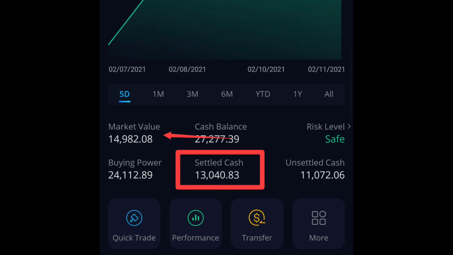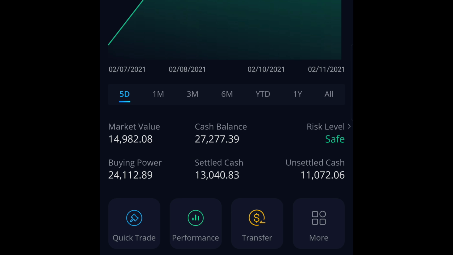So that's usually around what I have, which is much less than half of my total balance in the account. And that's really just going to allow you, and you don't need to have that much, but it just allows you to have that flexibility to buy and sell and trade much more freely, especially when stocks are moving around.